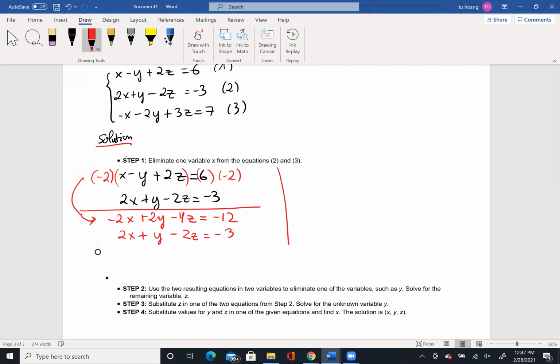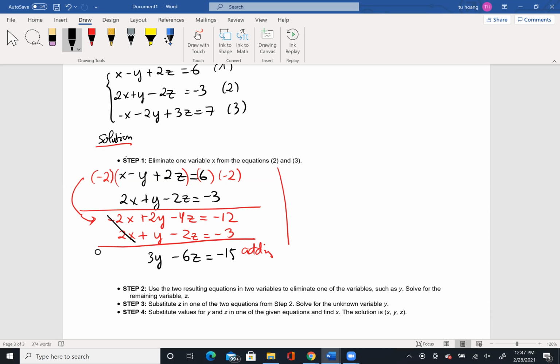Okay. Now I'm going to add these two equations. The first term is gone because -2x plus 2x is gone. And 2y plus y is 3y, minus 4z plus -2z is -6z, equals -15. Okay.